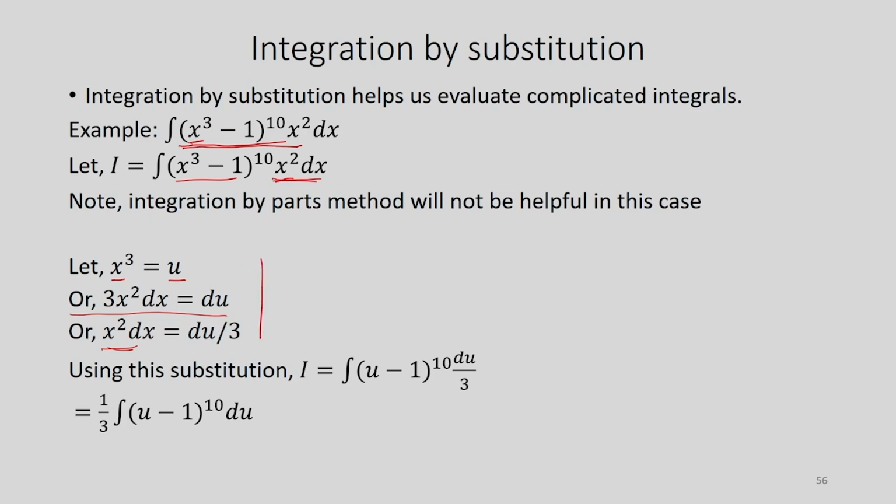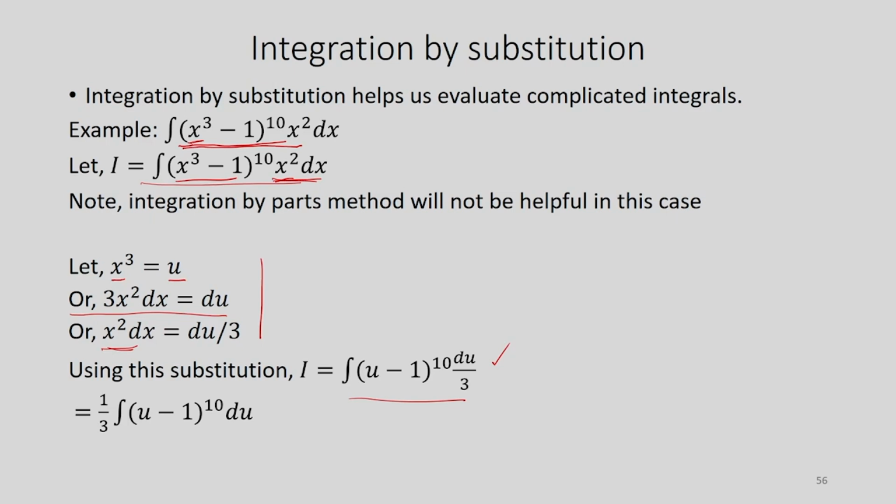Now, I have got what is x cube, it is u. I have got what is x square dx, it is du divided by 3. So, actually I can get rid of excess x in this expression, and that is what I have done here. I have substituted all these things, whether it is u or du, in this expression.